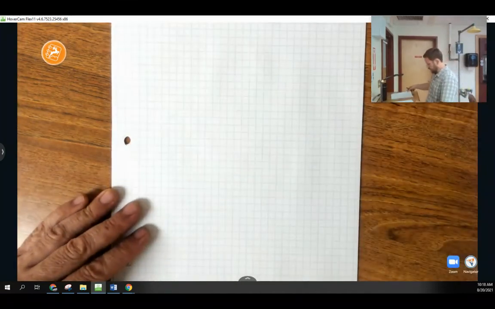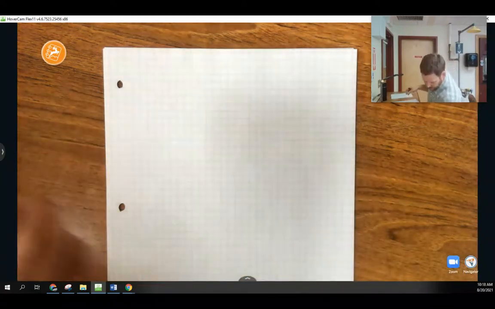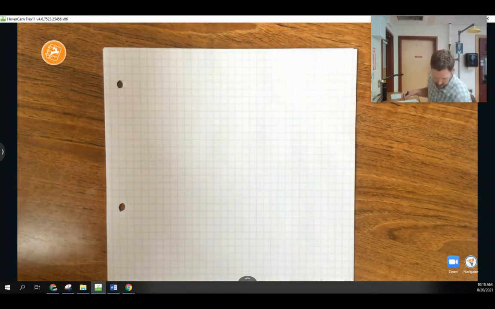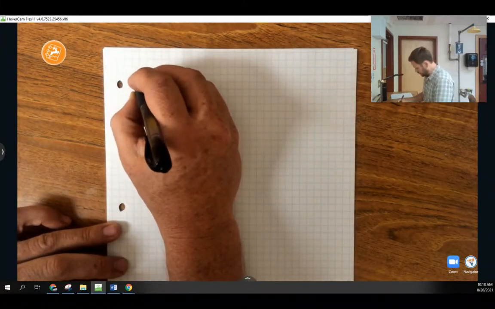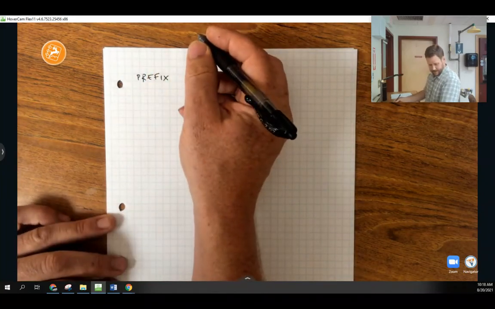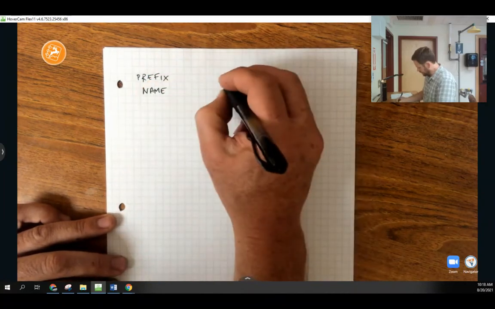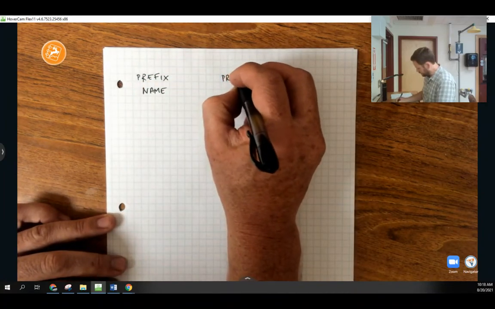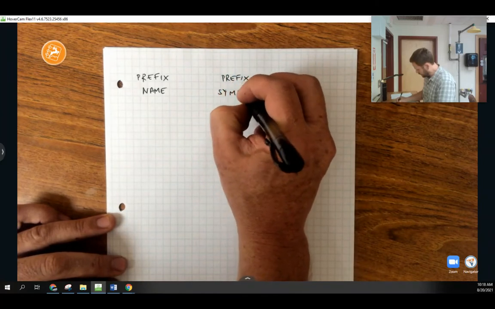So I could talk about the kilogram or the kilometer or the kiloliter. And we'll make another short data table here that'll only take a minute. And the 3 columns will be for the prefix name, the prefix symbol, and its meaning.